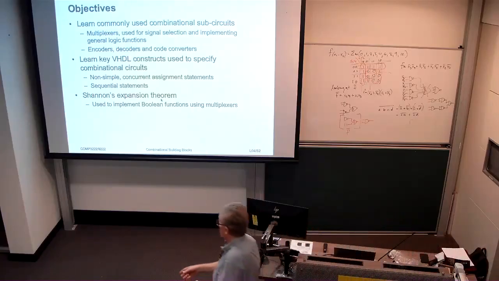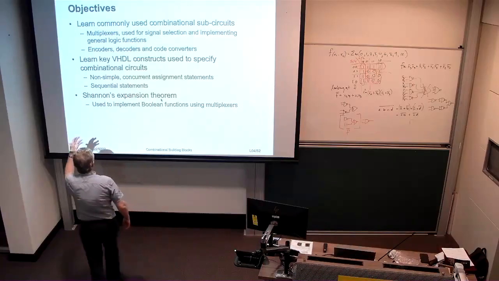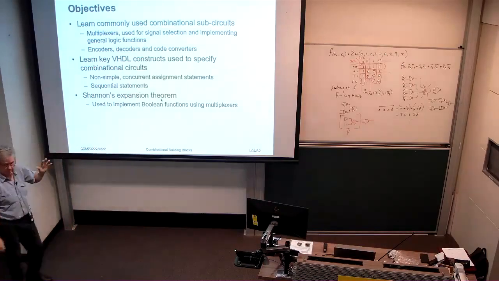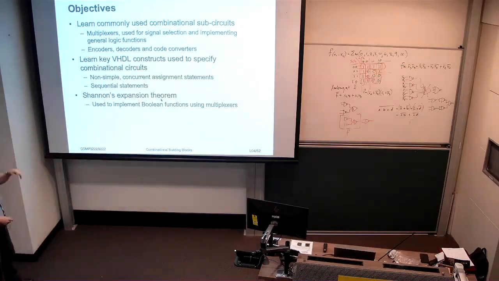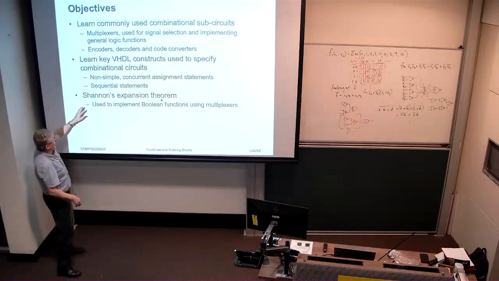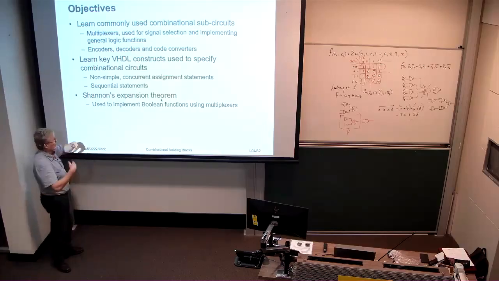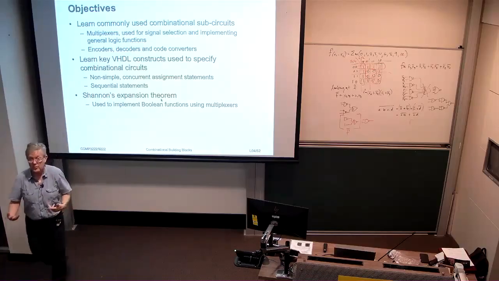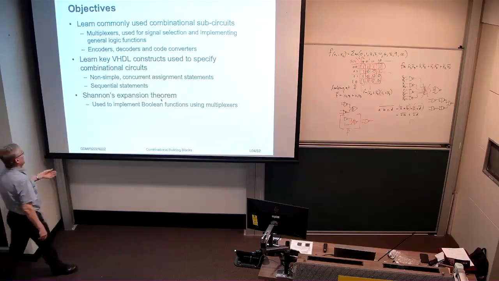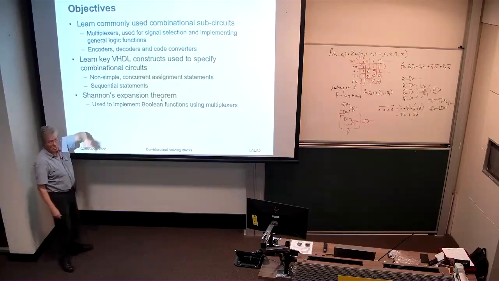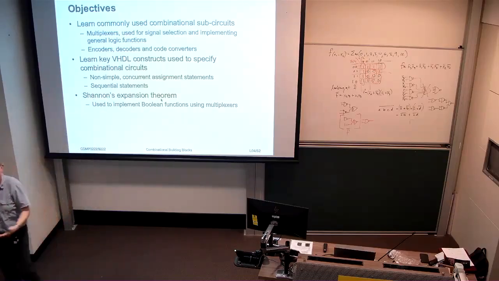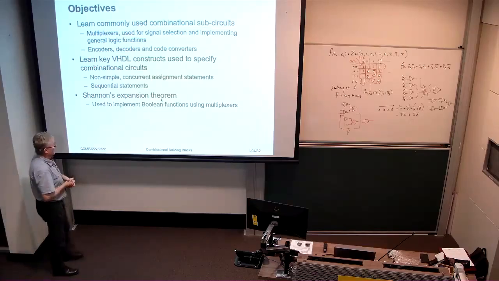We were also going to look at other VHDL constructs that are often used to specify combinational circuits. So we were looking at non-simple concurrent assignment statements, and I'll just quickly review those in the context of how you specify a 2-to-1 mux. And today we're going to continue on with looking at sequential statements for specifying a 2-to-1 multiplexer.